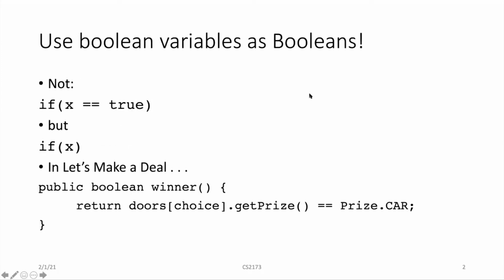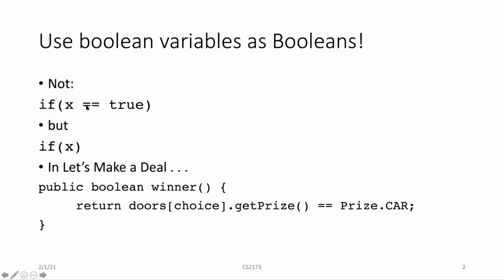So the first is, and I've noticed this in some of the code, and again, not to point fingers. Here's the thing about Boolean variables, and this applies across the board, whether you're doing Java or JavaScript or Python or anything. The reason to have Boolean variables and Boolean expressions is to use them as Booleans.